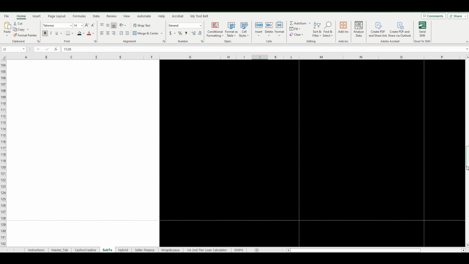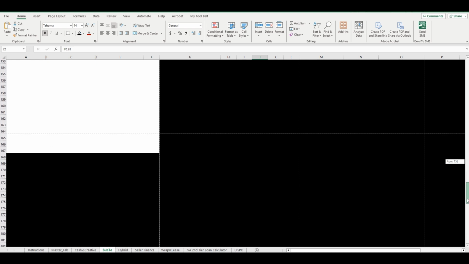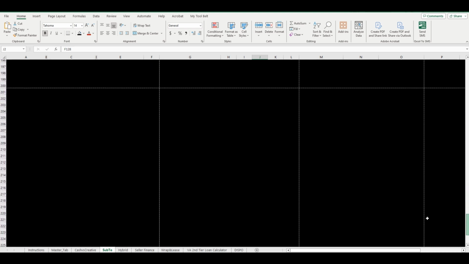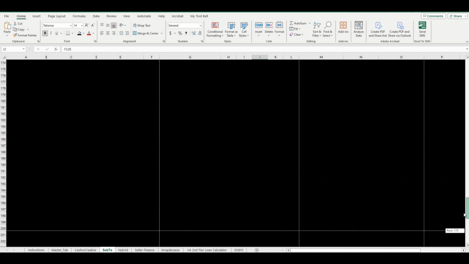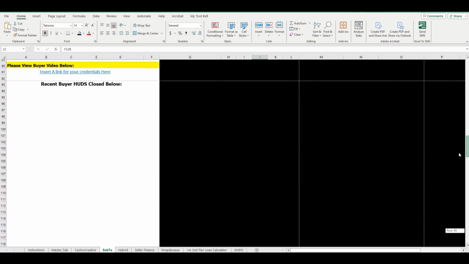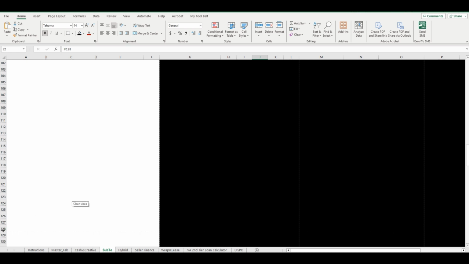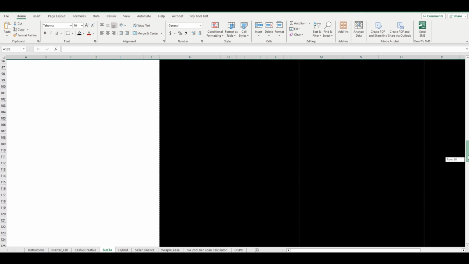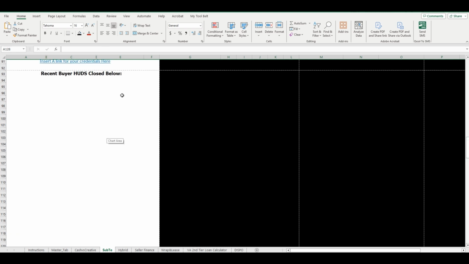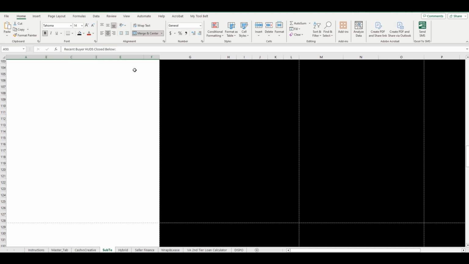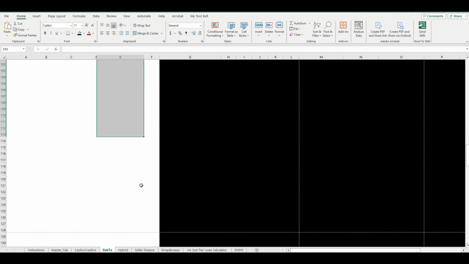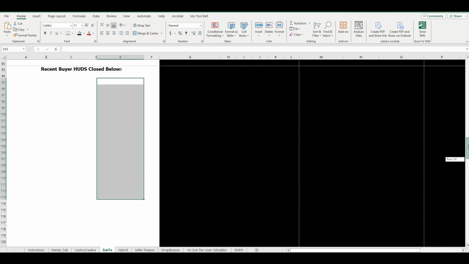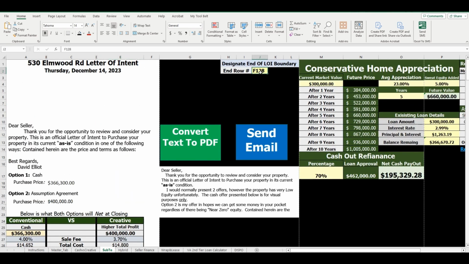Because if we don't tell it when to stop, it'll continue and continue and continue creating pages upon pages unless you tell it where to stop. And so I think for the sake of the example, we're going to tell Excel to stop at row 128. So when we open this up later, we will see the buyer HUDs closed, and this will be the last page. So row 128 will be our last row that will be included.